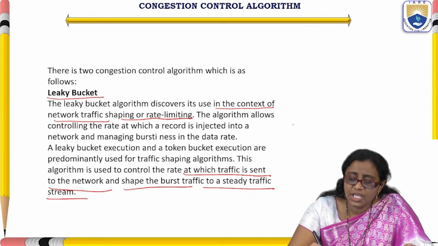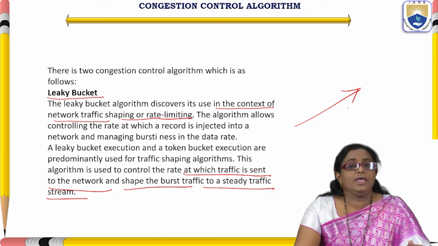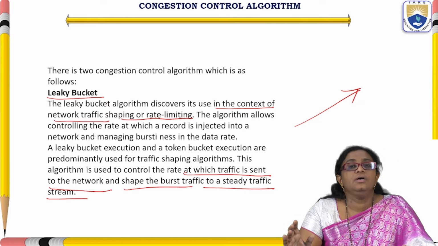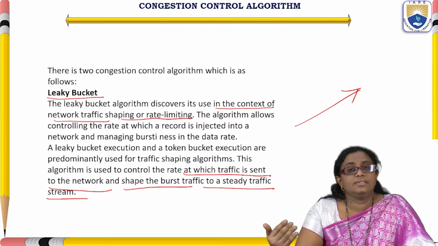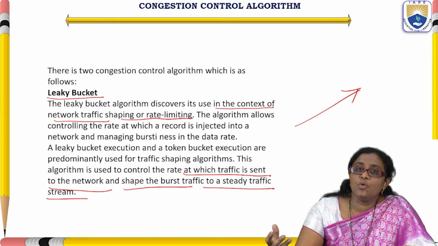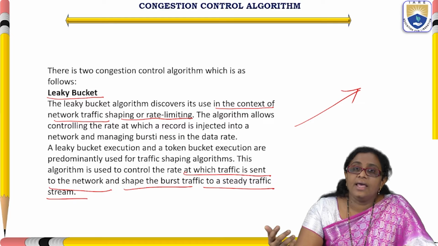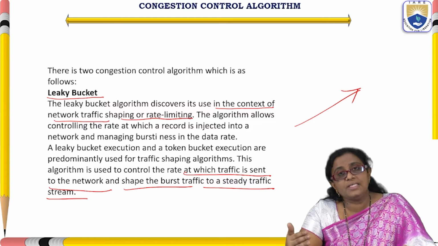Suppose you take one example: our highway routes. Some highways are especially meant for heavy transport vehicles like Leyland lorries, the transport vehicles that carry loads of materials from one place to another place.